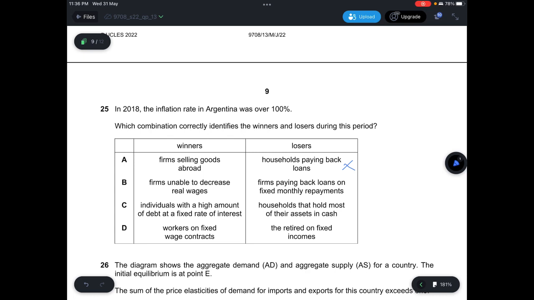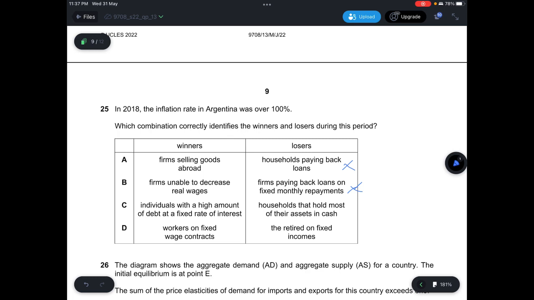And B, it says firms unable to decrease real wages and firms paying back loans on fixed money repayments. This one is also not correct. Because firms are unable to decrease real wages, they have to be losers. And so firms paying back loans on fixed money repayments, they would be benefiting the most because of hyperinflation. So they're actually winners here.